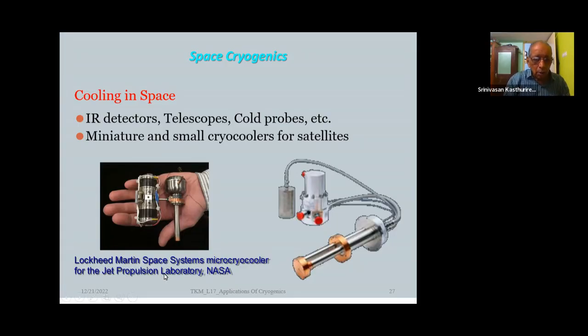You can see this is the helium compressor, this is the connection to the cryocooler part, and you can see the cold end at this end. Everything is fitting in a very compact manner into the hand. There are slightly bigger systems also available, which look something like this in the photograph.